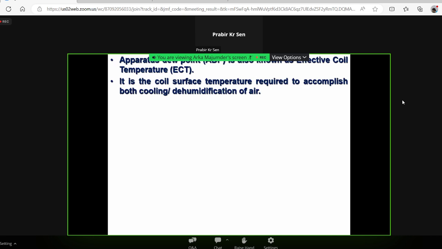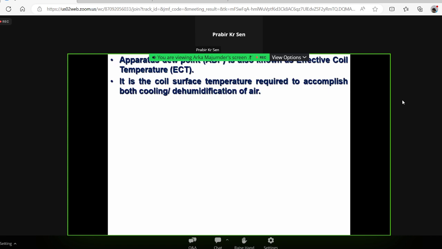Cold supply air should have maximum that amount of moisture, which after picking up the moisture within the room doesn't make the room very humid and uncomfortable. It stays within a comfortable humidity range.